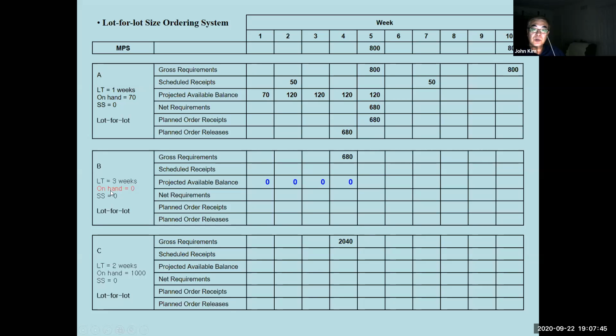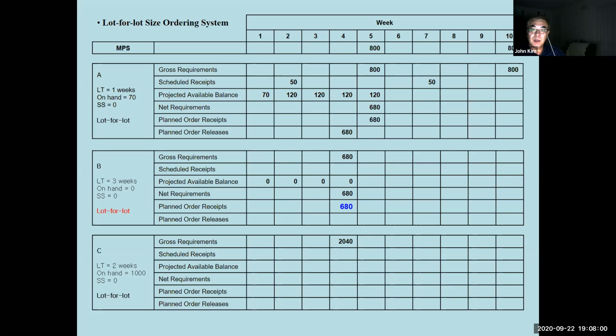And then there is no on hand for part B, so available 0 until this point. So net requirement is 680. Then receive that many at that time. Then lead time is 3 weeks. So 3 weeks earlier, place the order.